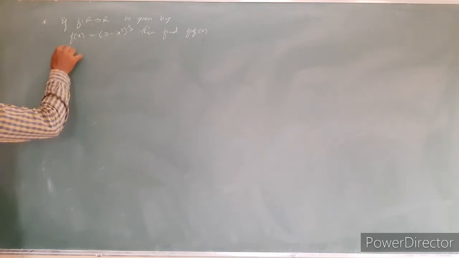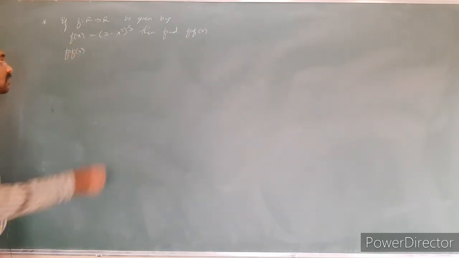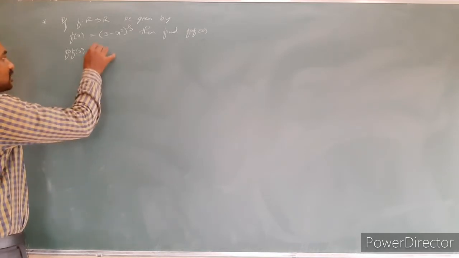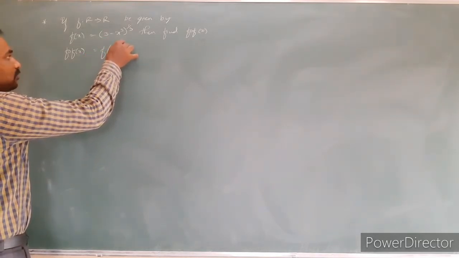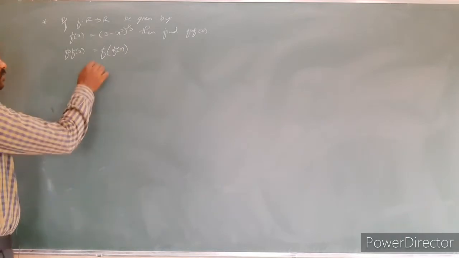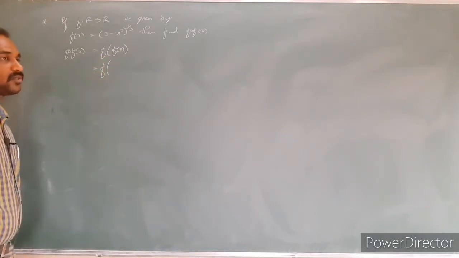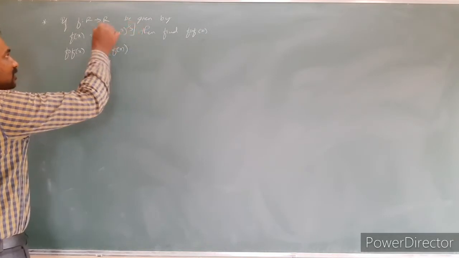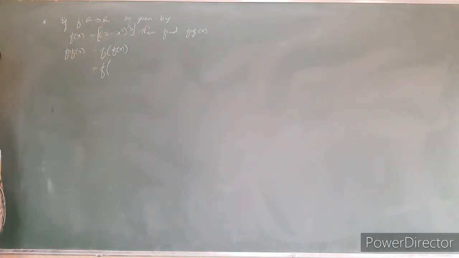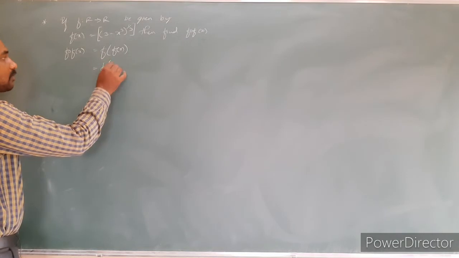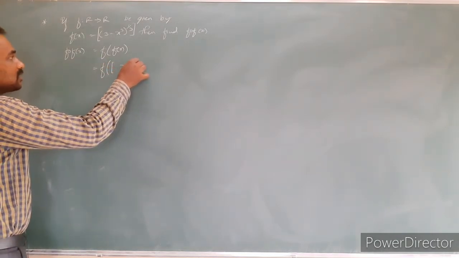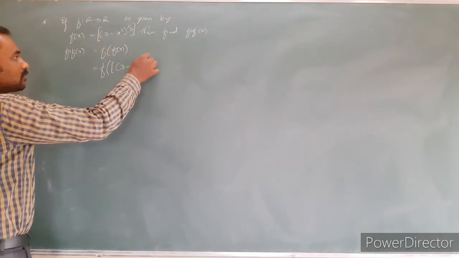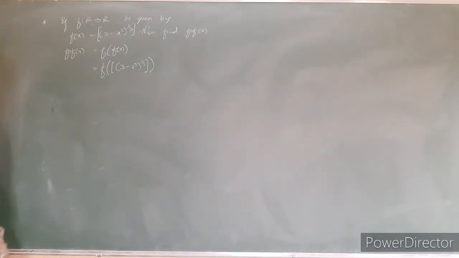So what is f circle f of x? First of all, replace f of x. Very clearly observe that this is my f of x value. I just replace the square bracket, that is 3 minus x cube whole power 1 by 3. This is f of x.